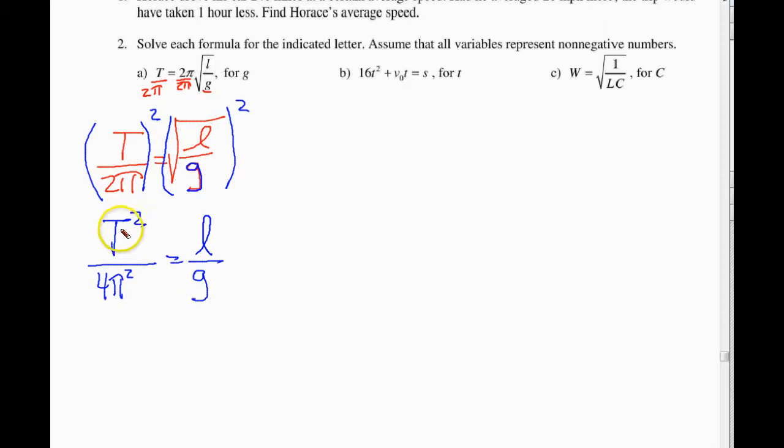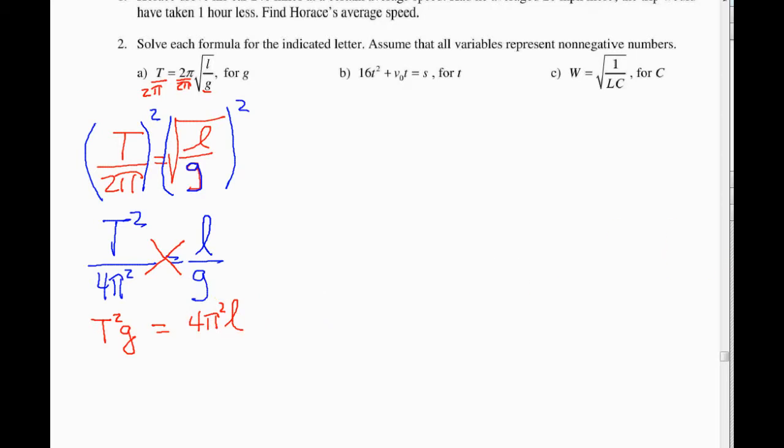Now, notice we have a fraction equaling a fraction. What tool did we say we could use in a case like that? Well, we can just cross multiply. So we have T squared G equals 4 pi squared L. And you might say, oh, we're really close.